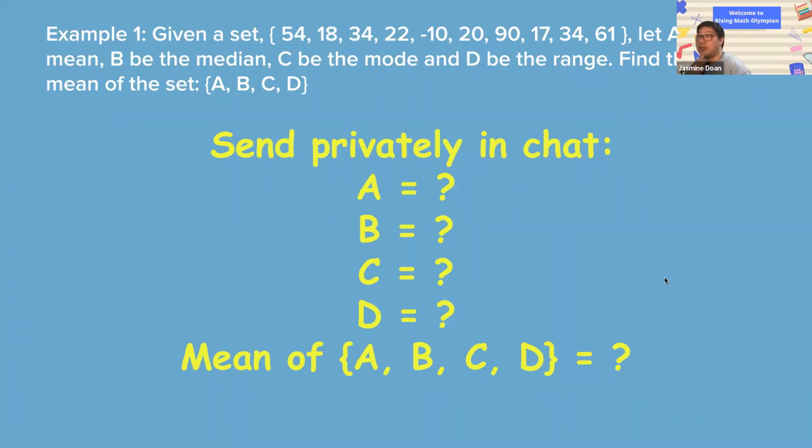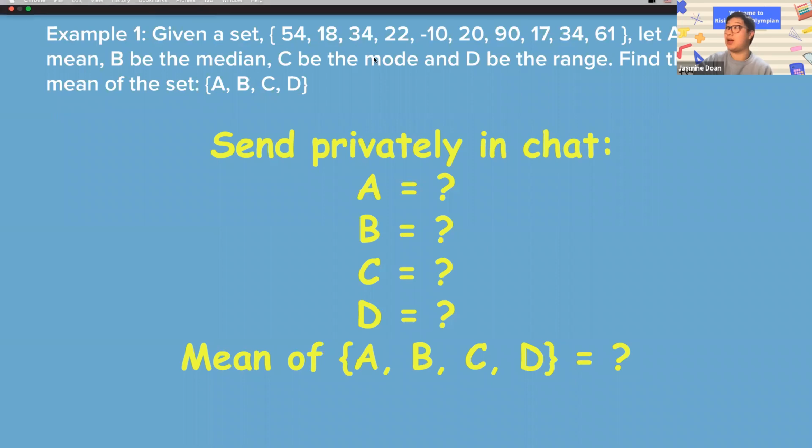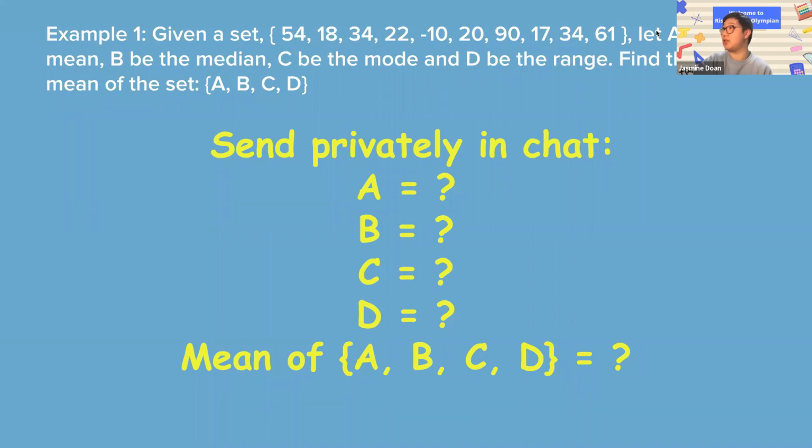Example one: given a set, as you can see, let A be the mean, let B be the median, C be the mode, D be the range. Find the mean of the set A, B, C, D. When you have your answers, please send them to me incrementally.